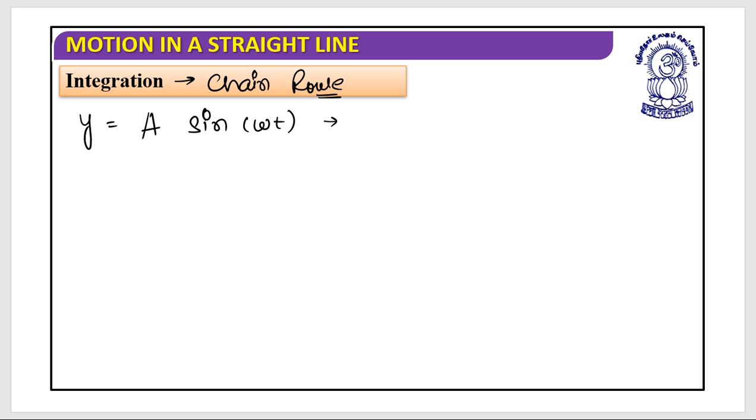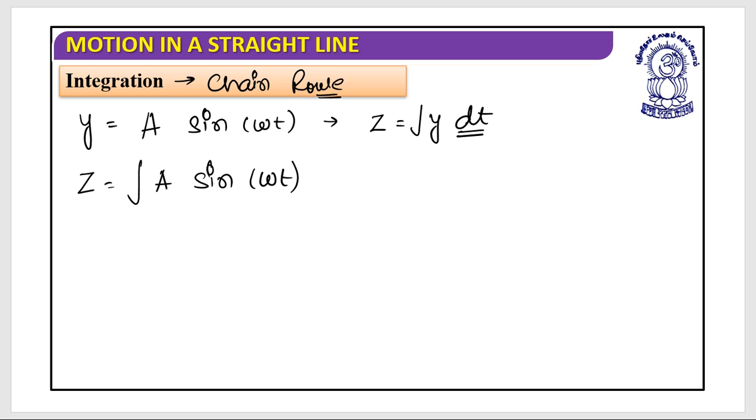That means z is equal to the integration of y dt. So it is simply the integration of a sine omega t dt. Now let's assume that if it is simply t, you are going to multiply a by the integration of sine, which is minus cos.